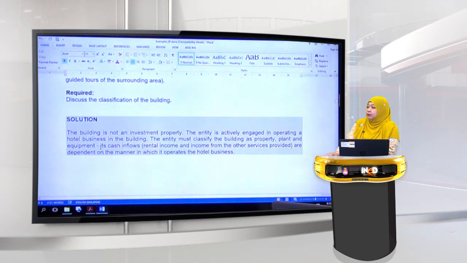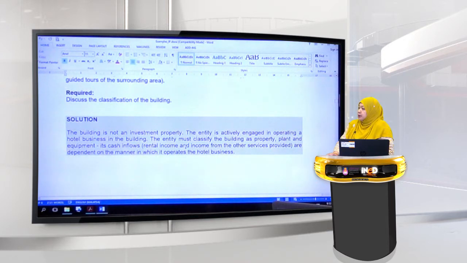Basically, when we look at the cash inflow, we will obtain rental income and income from other services provided, where the nature of the business is the hotel industry.